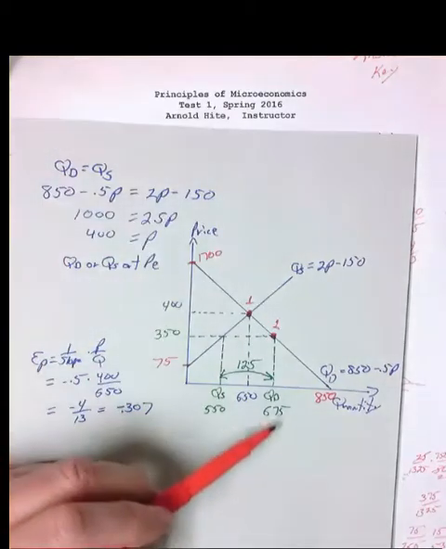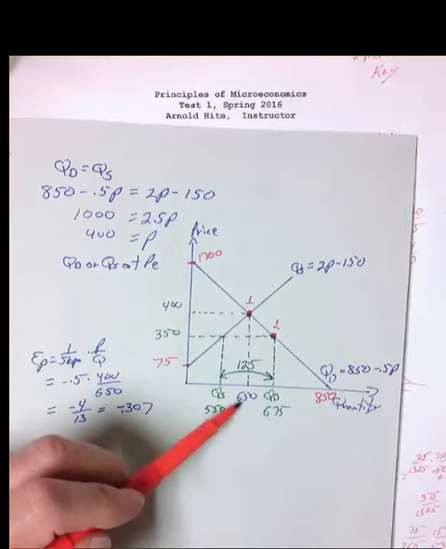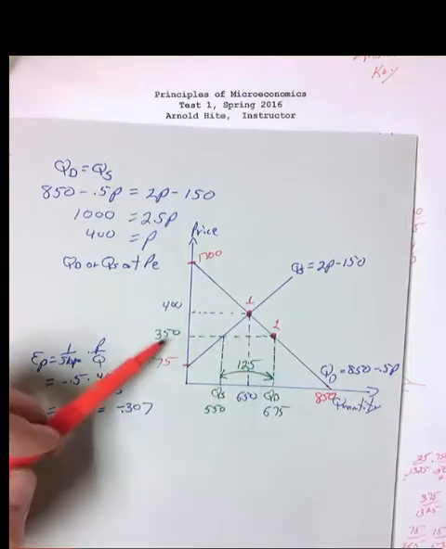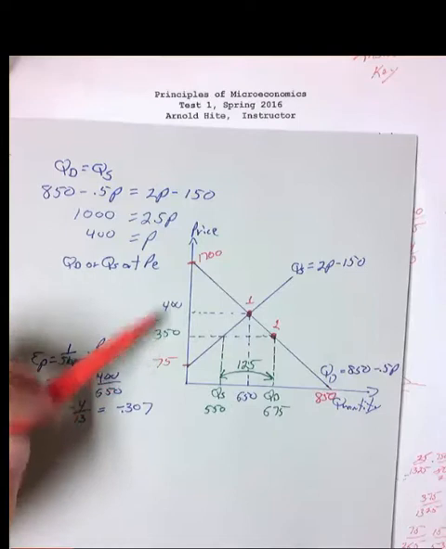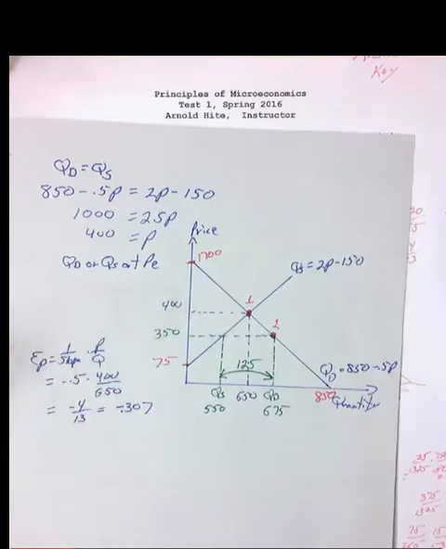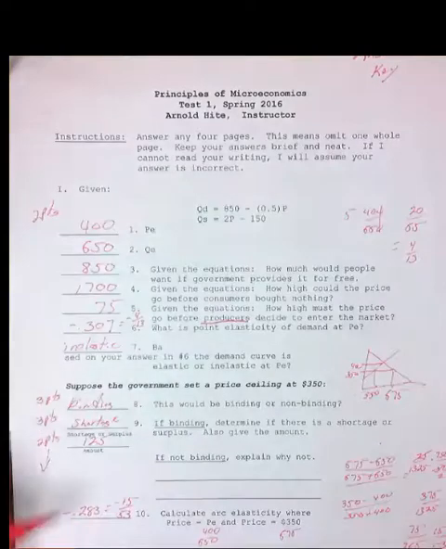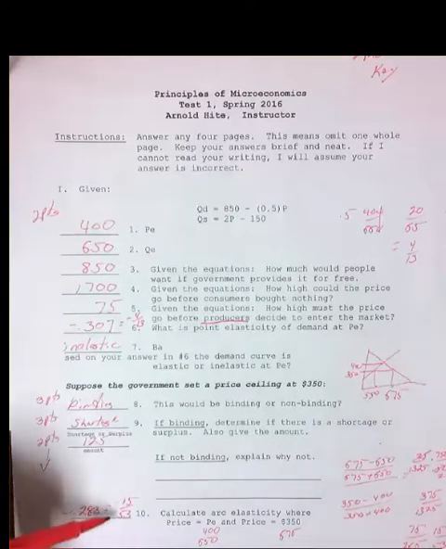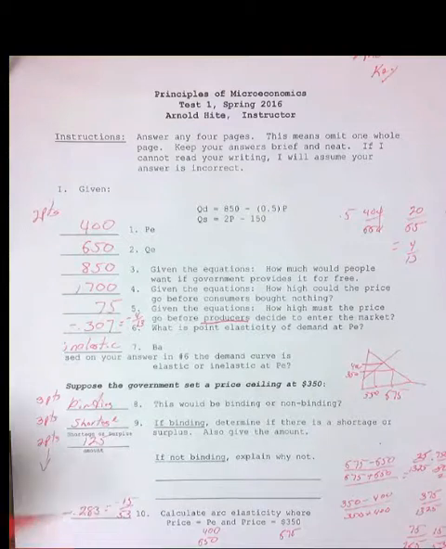So this would be Q2 minus Q1 over Q2 plus Q1 all over P2 minus P1 over P2 plus P1, and you work that out, and it works out to be, if you did it in your calculator, minus 0.283, or if you just tried to simplify the ratio, I got minus 15 over 53. So those were 2 points each.